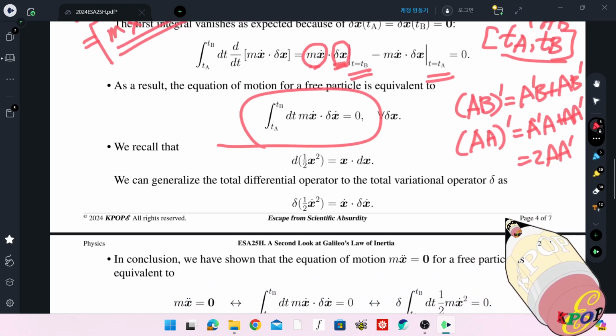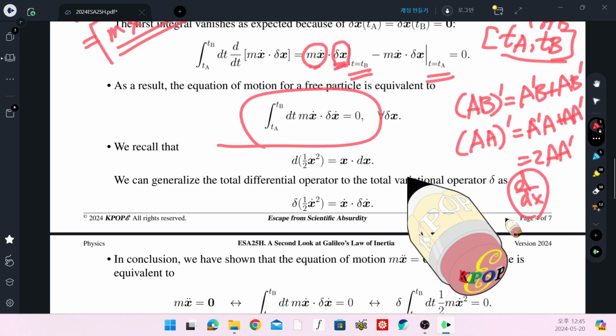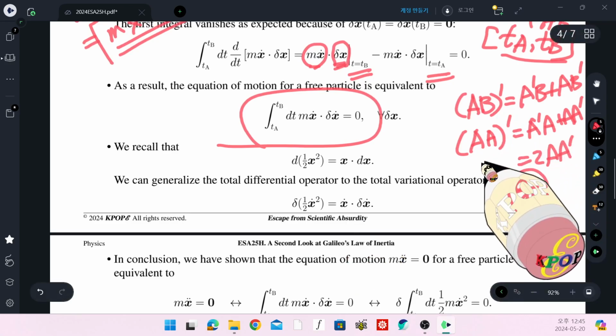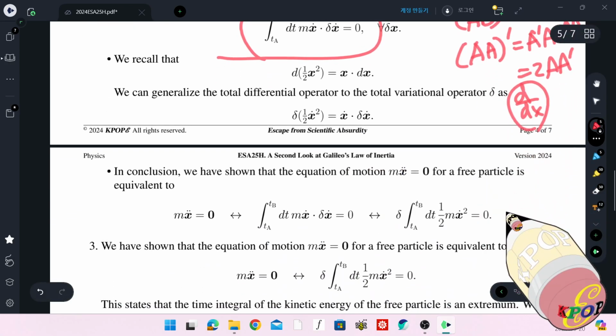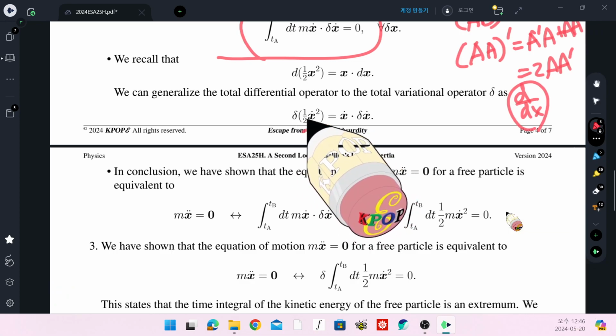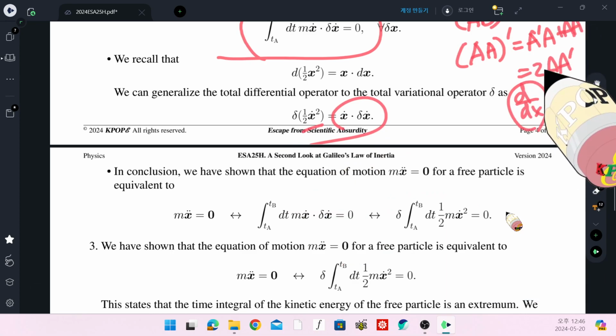Just like that, this prime is nothing but the derivative. It can be generalized to the case of the variation of the path. The variation of the path for 1/2 x dot squared should be this, with a multiplicity factor of 2.